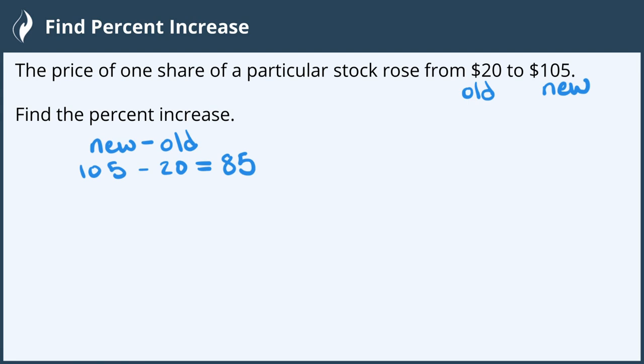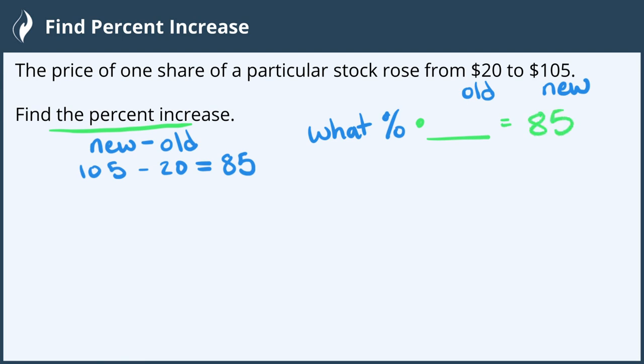Now we need to come up with a phrase to help us so that we can translate it and find that percent increase. So we are looking for what percent, and we know it's what percent because it asks us to find the percent. So what percent of something is going to equal the increase of 85?